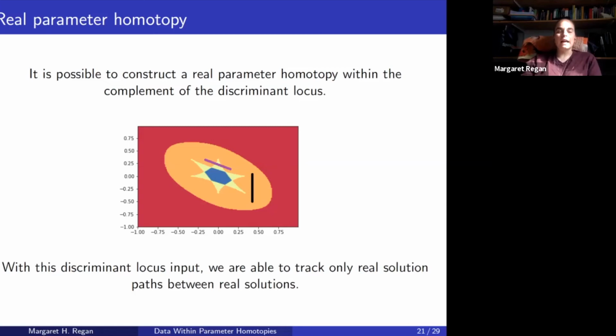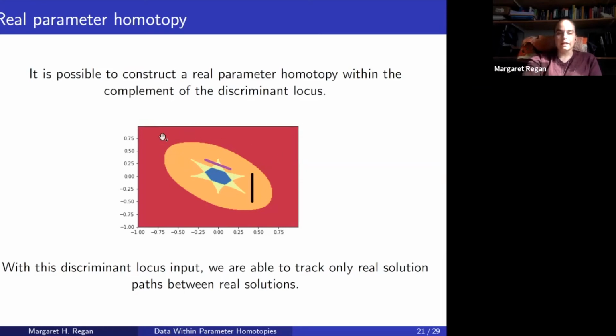And so what we're able to do here is, this picture is actually found using a machine learning algorithm, where we were able to provide data points in this region close to these boundaries and farther away. And the machine learning algorithm allowed us to find these boundary curves that differentiate between the number of real solutions.